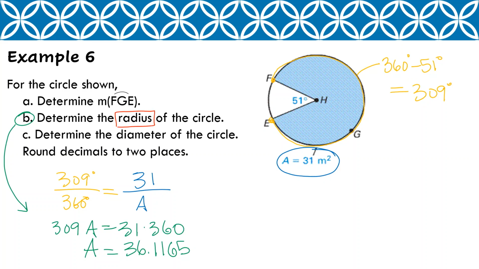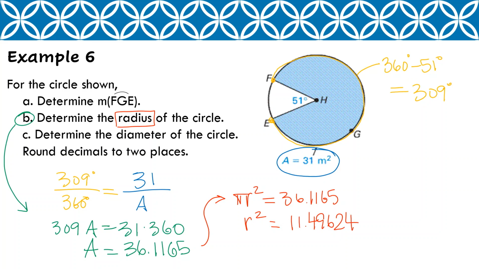I know the area of the circle. Area is pi r squared. I will divide both sides by pi and take the square root. And we were measuring in meters.